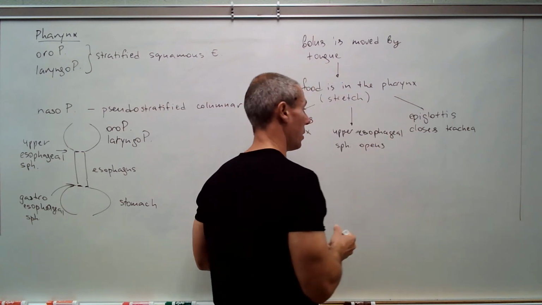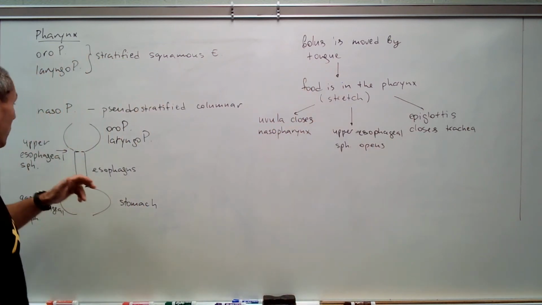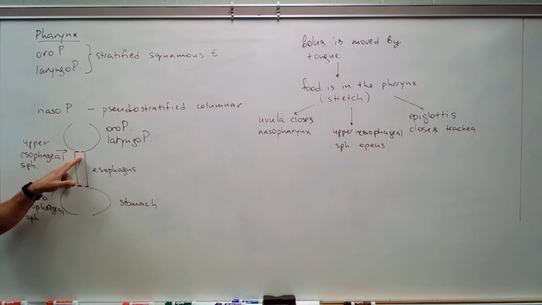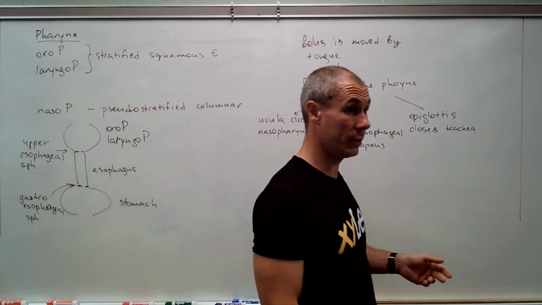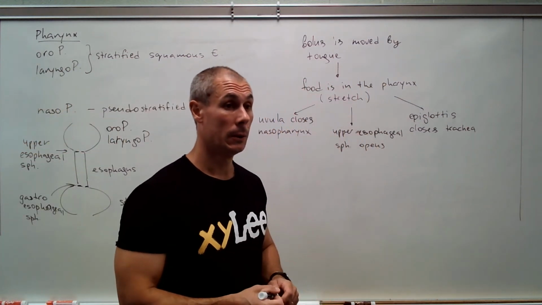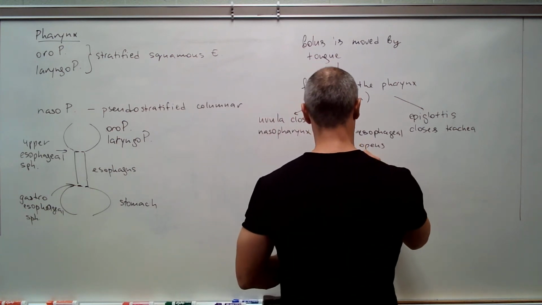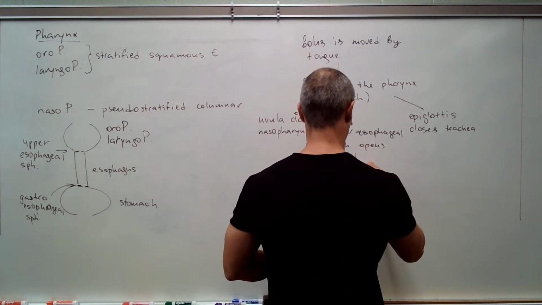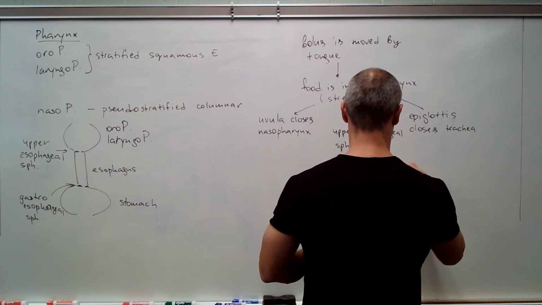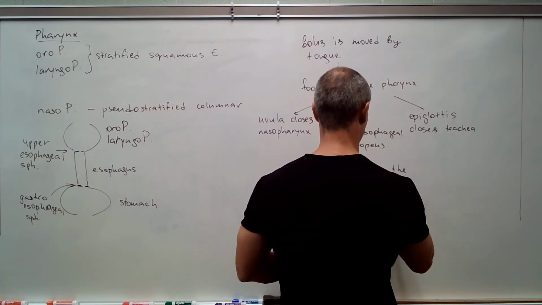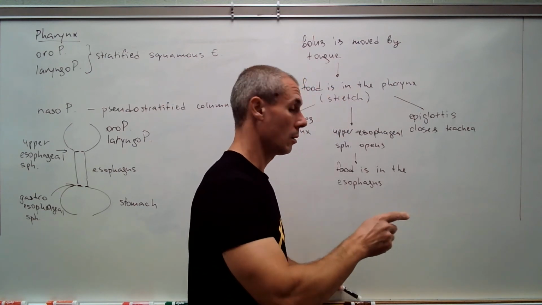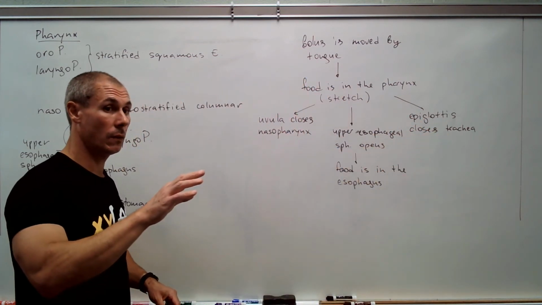Upper esophageal sphincter opens, this one, and muscles contract and move the food down. So the sphincter is relaxing, but the muscles in the esophagus are contracting. Good question. Not yet.